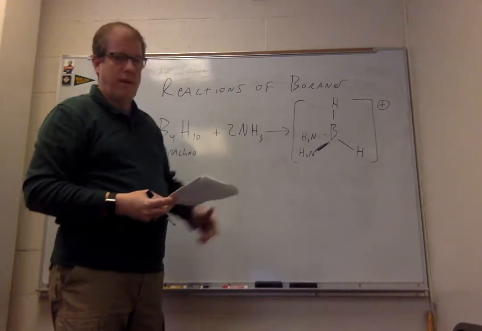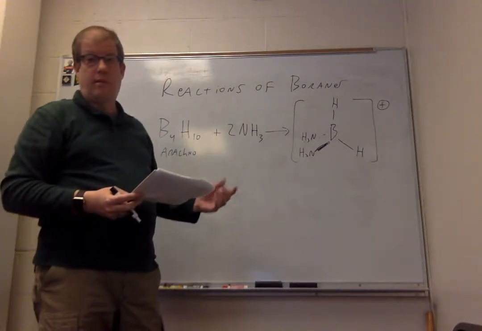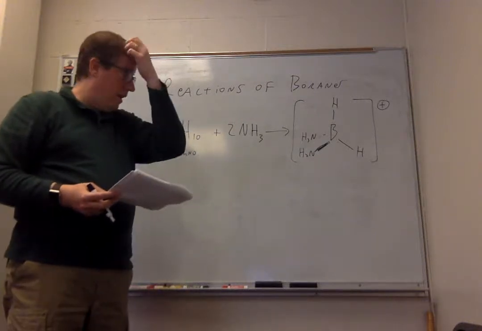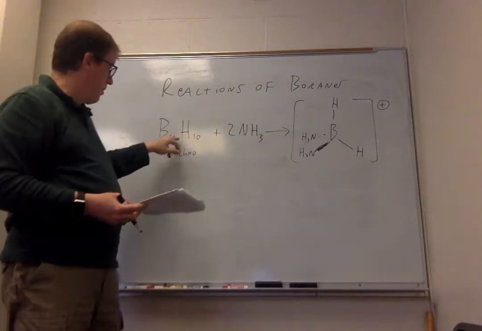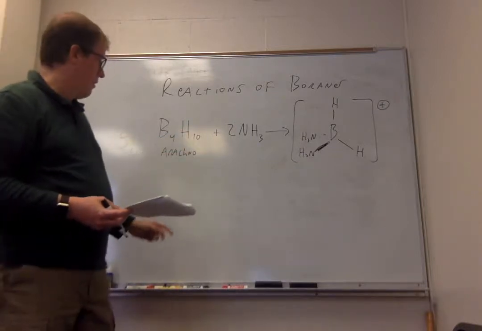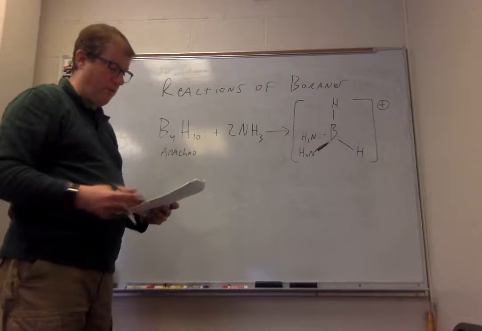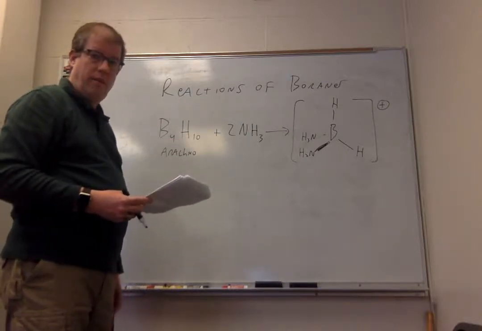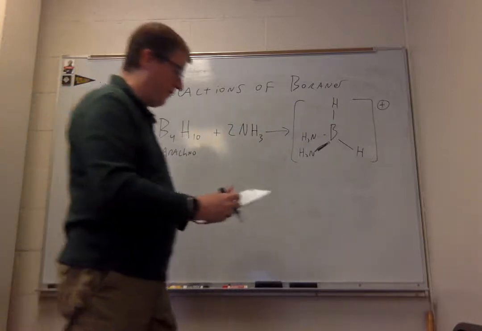So you've abstracted, again, a BH2 plus fragment from now our borane cluster. And again, this is the exact same thing that would happen if this was B2H6. All right, and then what's left over is the remaining part of the cluster here.